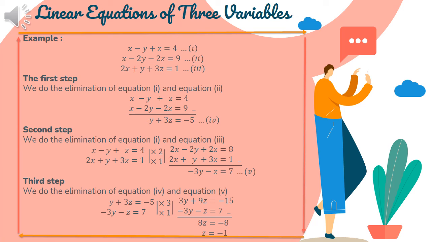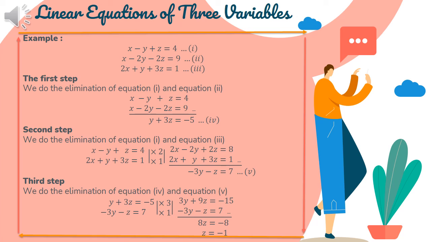The first step, we do the elimination of the first equation and second equation. x minus y plus z equals 4, subtract x minus 2y minus 2z equals 9, result, y plus 3z equals negative 5. y plus 3z equals negative 5 becomes the fourth linear equation.